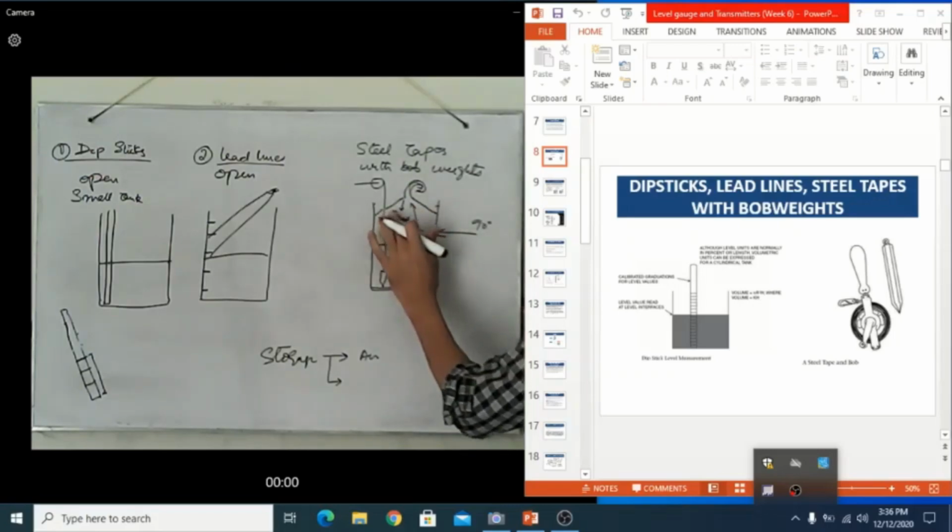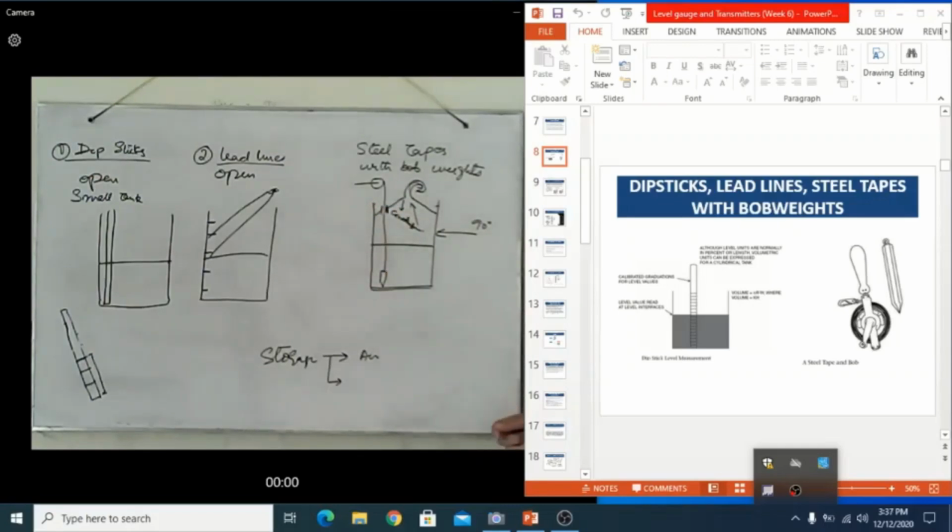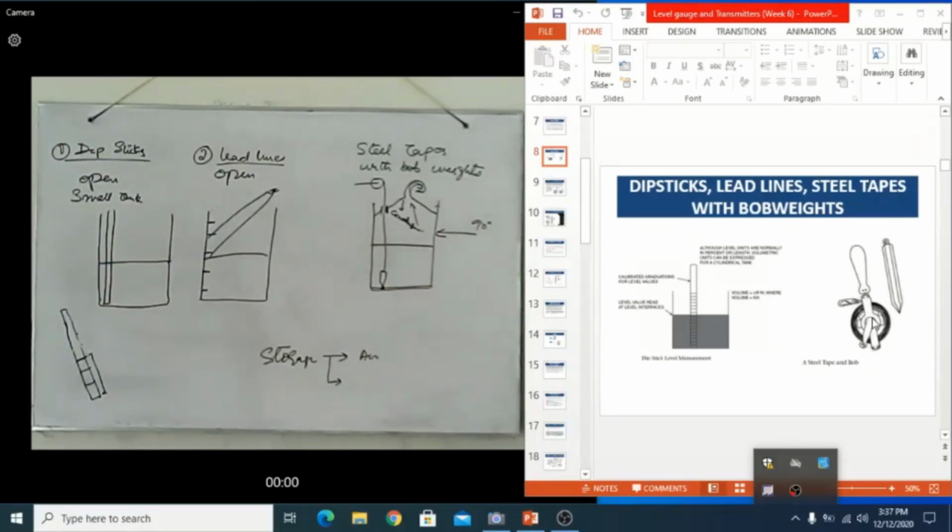There are a lot of other methods as well. Here you will provide a small hole, and from there an operator can insert this dip tape, which can be rotated. As you can see in the picture, this tape is completely rolled up, and when you lower it, it goes down due to the bob weight until it reaches the bottom part of the tank.